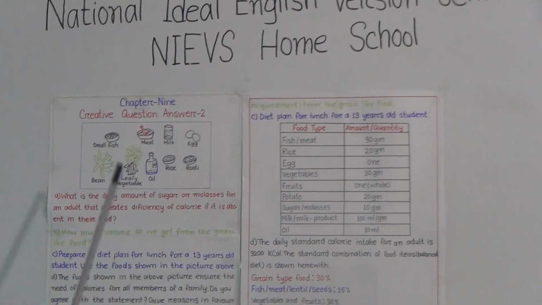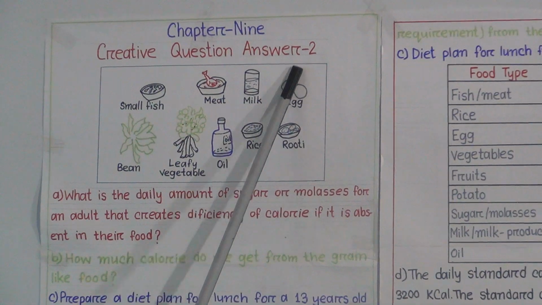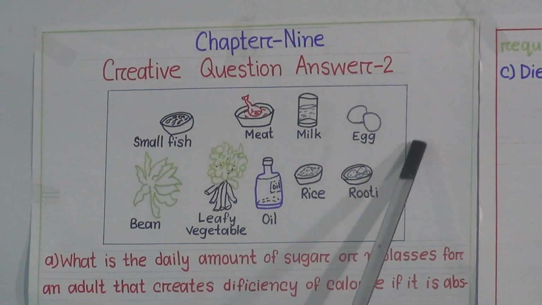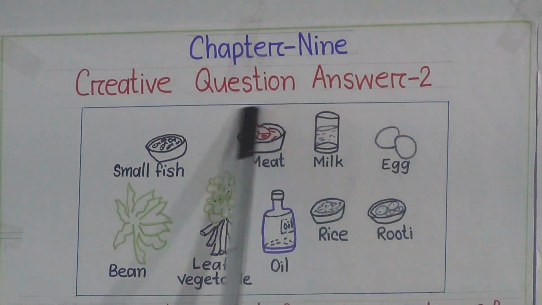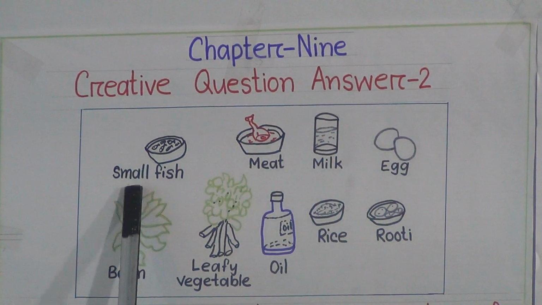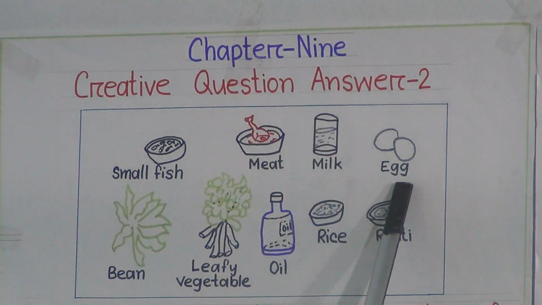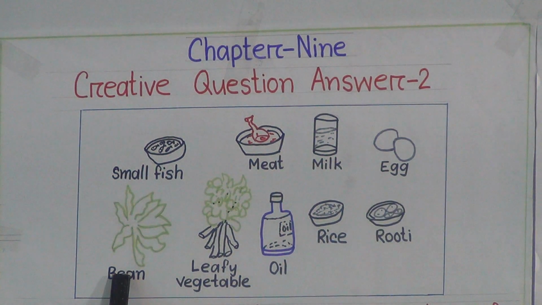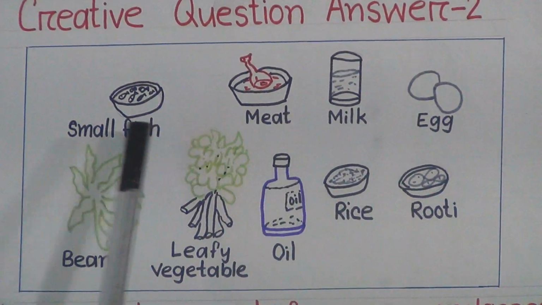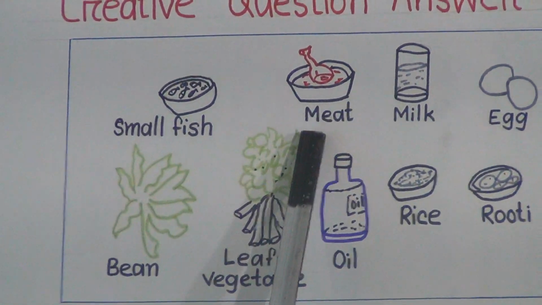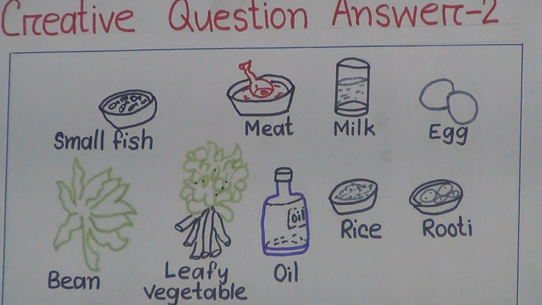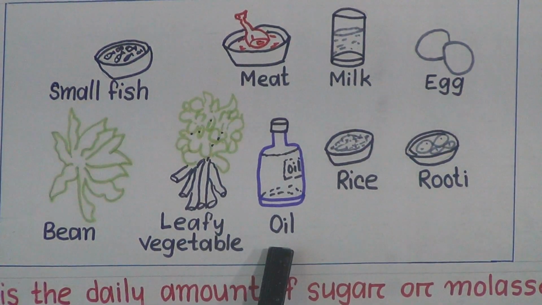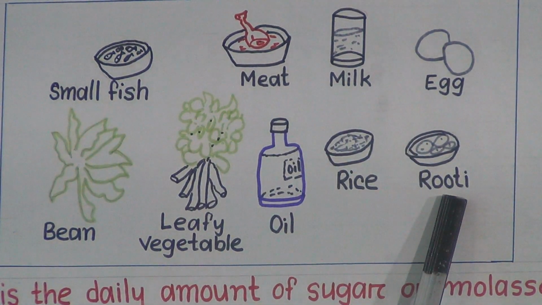Chapter 9 Creative Question Answer 2. Students, here is our stem. The stem shows some pictures and the names of the foods. First we find small fish, meat, milk, egg, bean, leafy vegetable, oil, rice, roti.